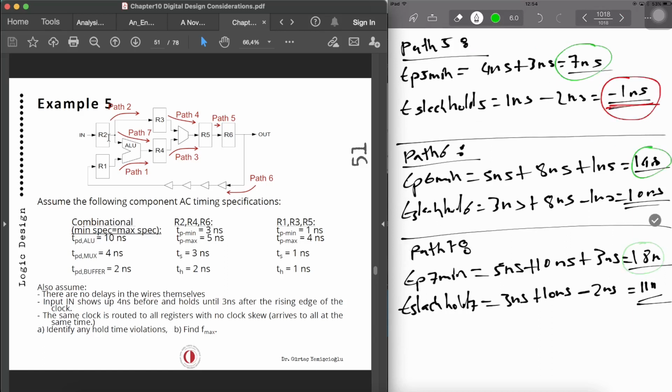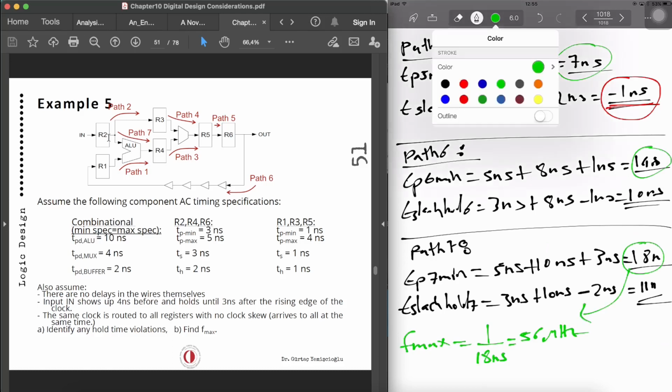So that's the largest delay that we have got. So path 7 is the speed limiting path. That means F max is going to be 1/18 nanoseconds, which will be 56 megahertz. So that's the F max that we can find based on path 7.